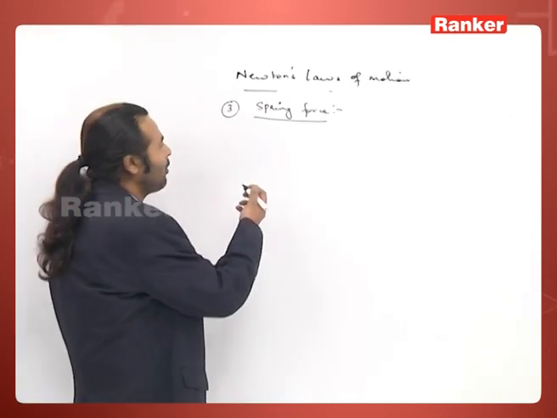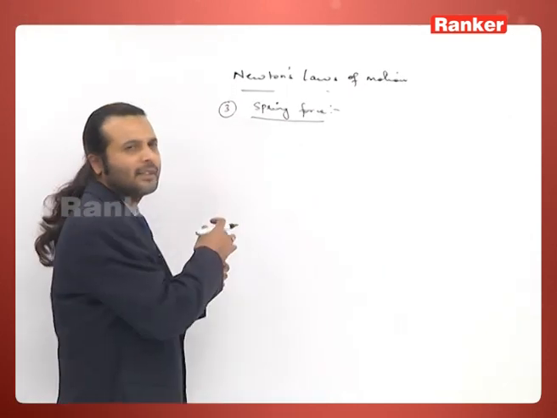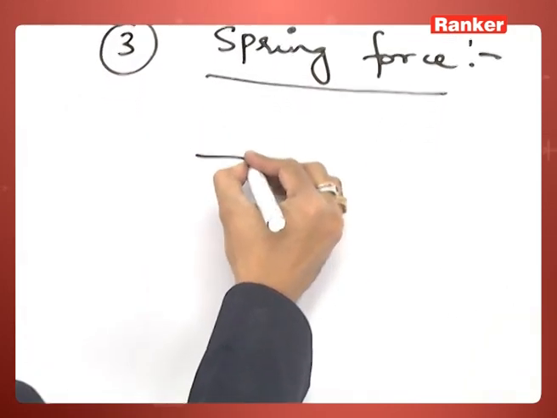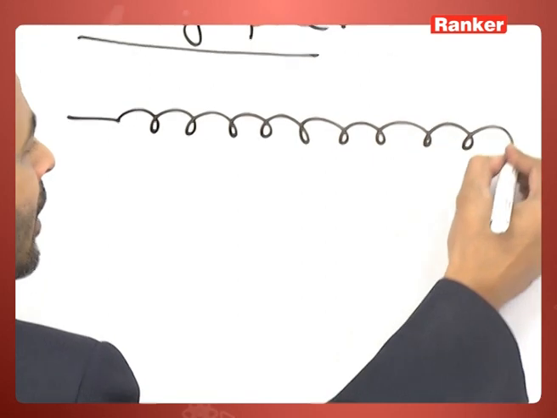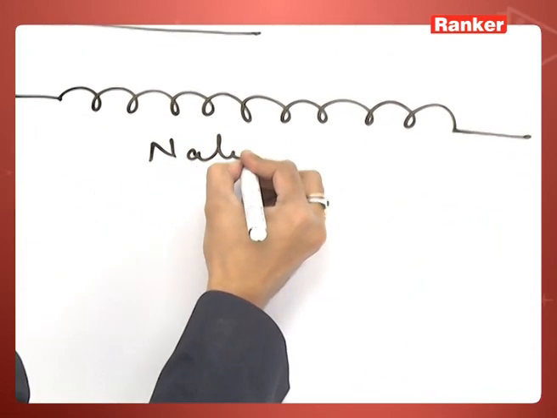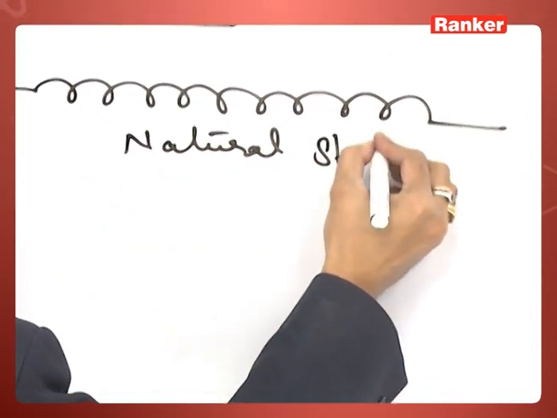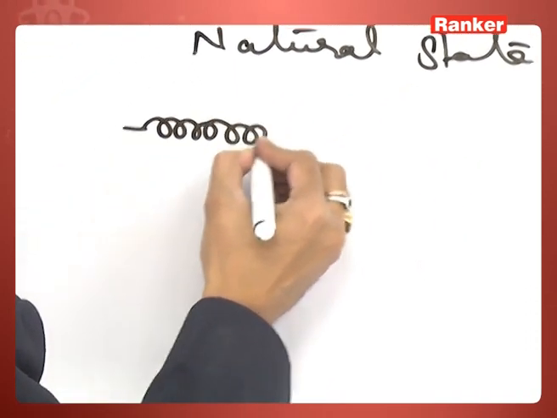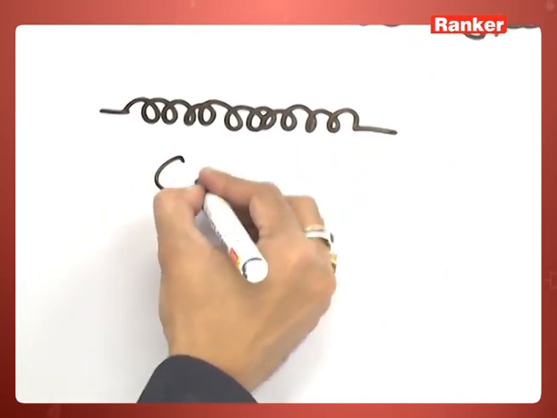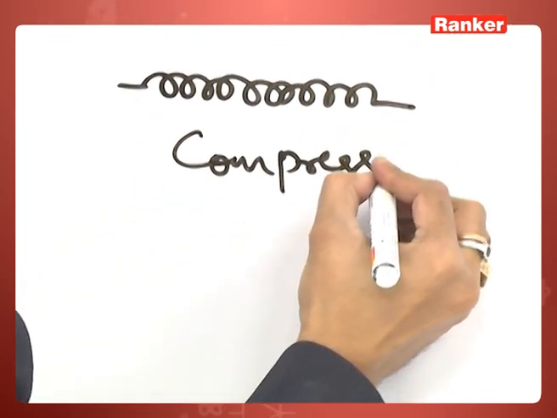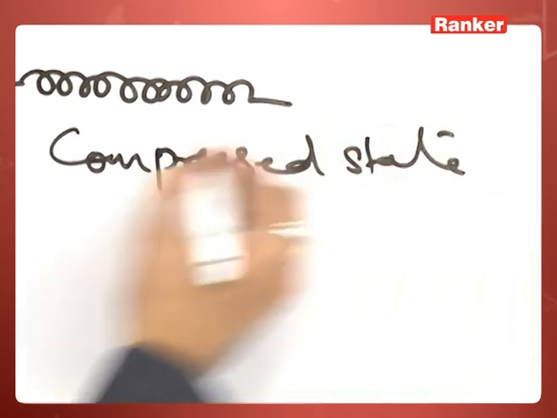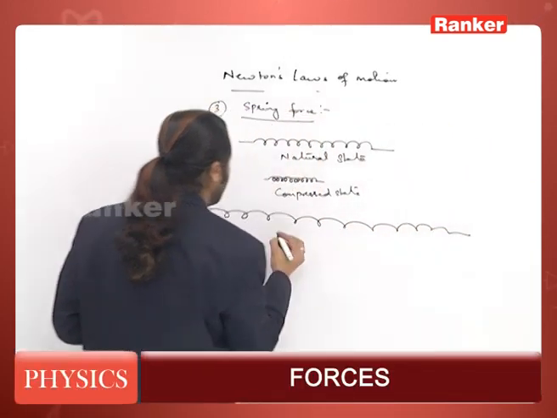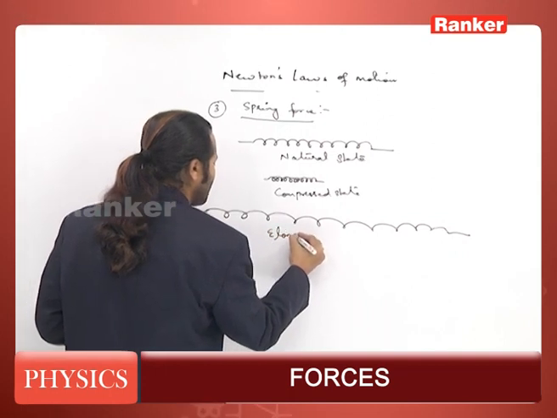Now we have already discussed when the spring is extended, the same Hooke's law applies. This is the natural state. I again define this: this is the natural state, this is the compressed state, this is again the elongated state.